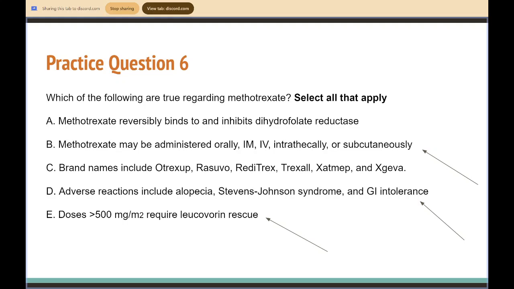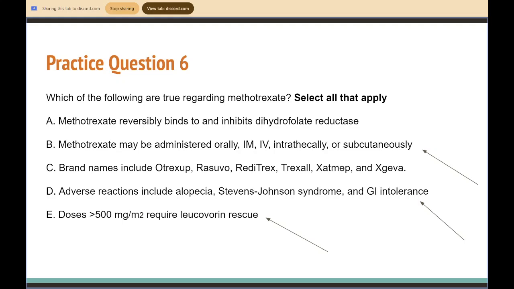Also, choice D, the reason it is correct, methotrexate has a large range of side effects, and some of them are going to be dose or route specific. So SJS, GI intolerance, and alopecia are all correct. Others may be headache, photosensitivity, stomatitis, and blood dyscrasias.